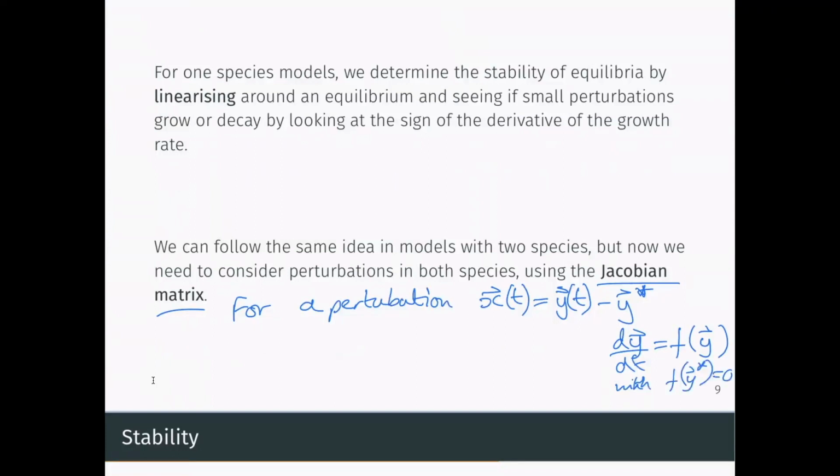This is all in vector notation, just so we're clear. So we're perturbing in all of our dimensions. We can write down a linear system dx dt is equal to J times x, and this J is our Jacobian. So this is doing linear stability analysis in more than 1 dimension now.